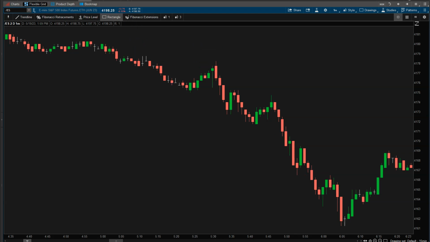Second thing you want to look for is, are we making lower highs and lower lows? Lower high, lower low, lower high, lower low, lower high, and then we make a lower low. So we could see we're just working our way lower.